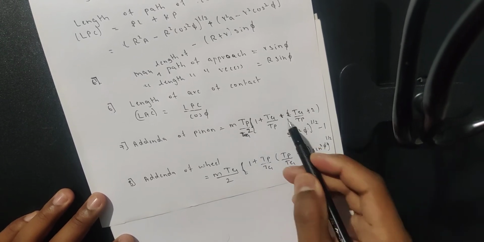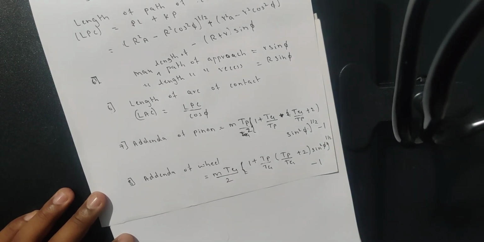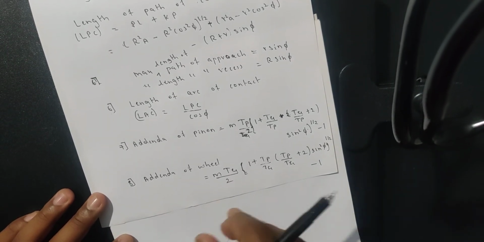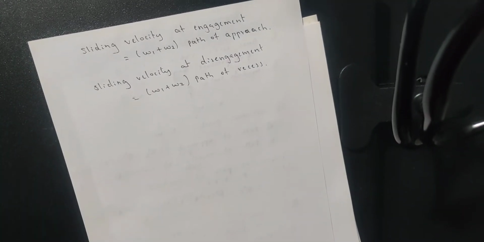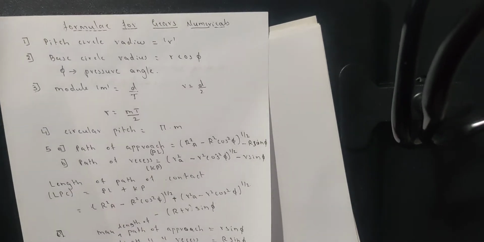This is a multiplication factor which has to be considered. Finally, sliding velocity at engagement and sliding velocity at disengagement have to be considered. These are the things we need to know here.